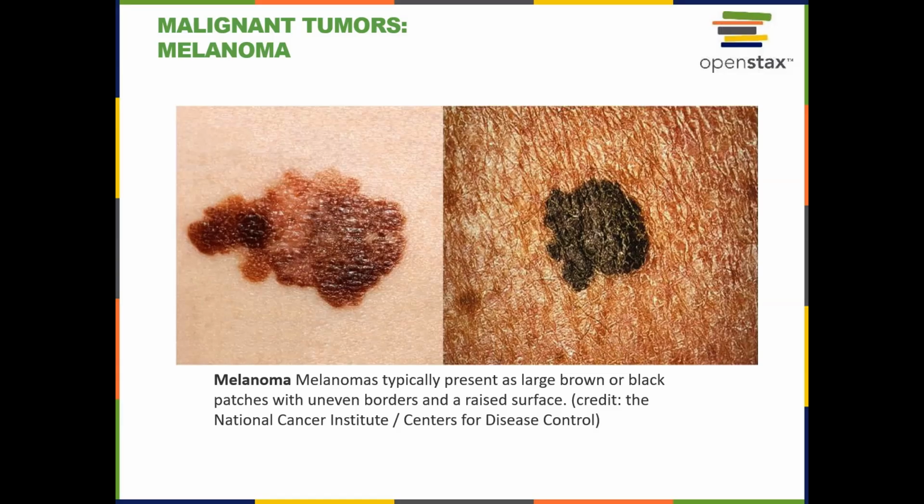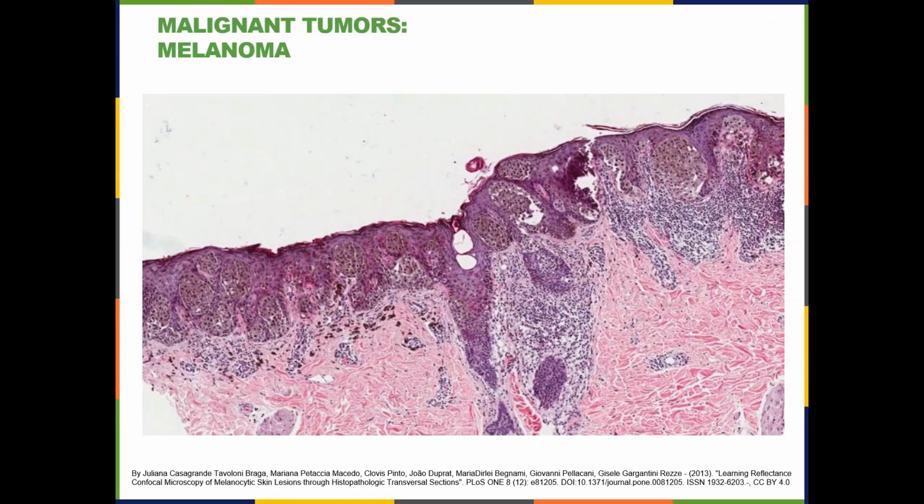With new advances in these immunotherapy and targeted therapies, traditional chemotherapy medications are becoming much less commonly used to treat melanoma. Here we see the histology of a melanoma, where the mutated melanocytes are growing deep down through the dermis and spreading across the surface of the epidermis as well.